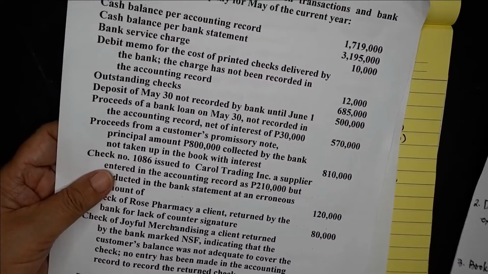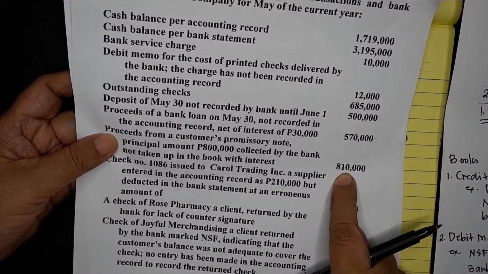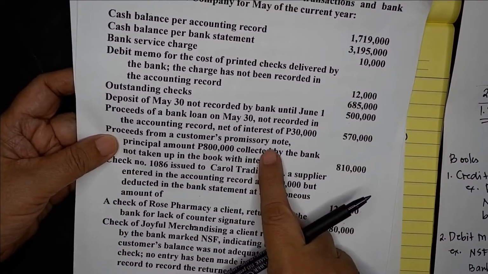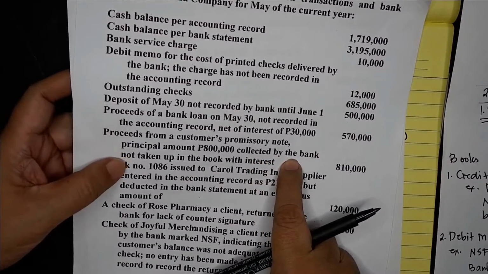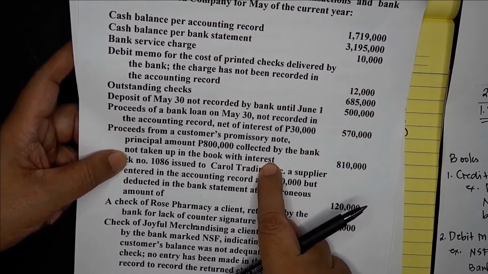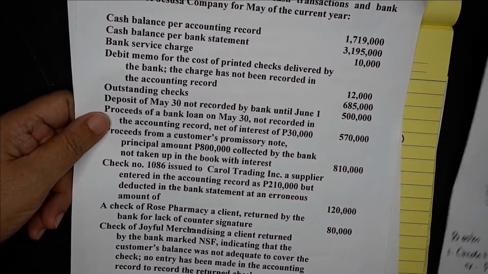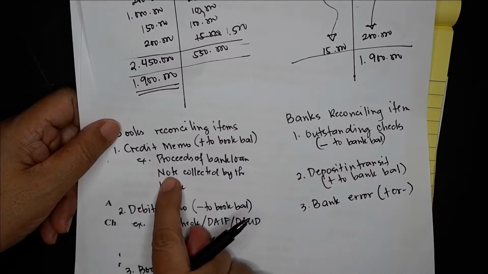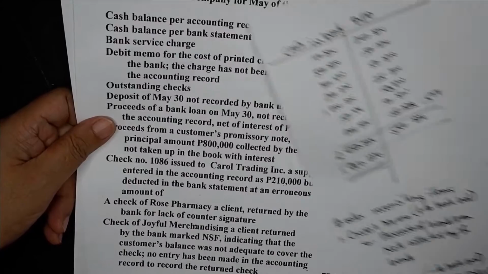Next is proceeds from a customer's promissory note. The principal amount is 800,000, collected by the bank, not taken up in the books, with interest, 810,000. So that is another credit memo, note collected by the bank. So again, it is plus to book balance.